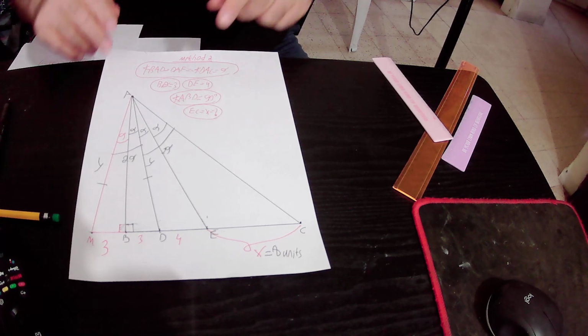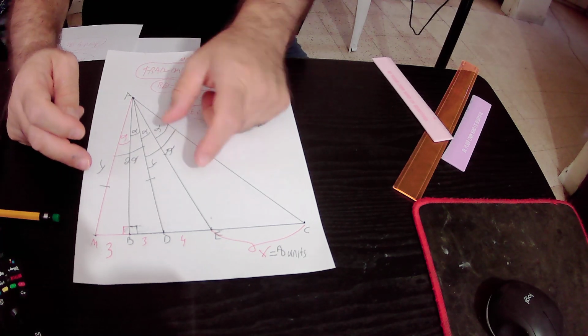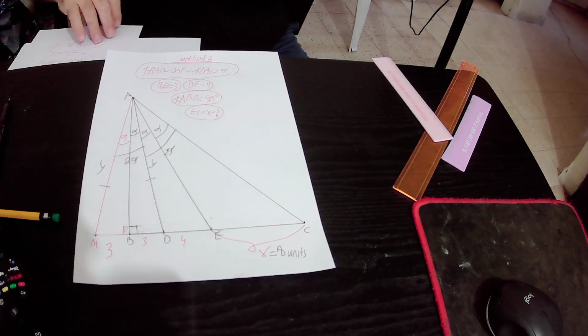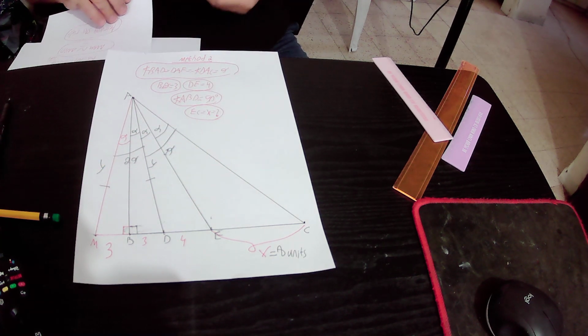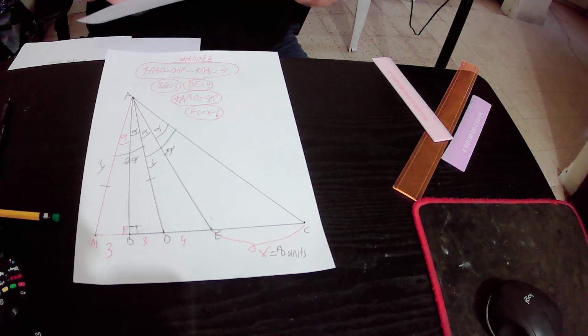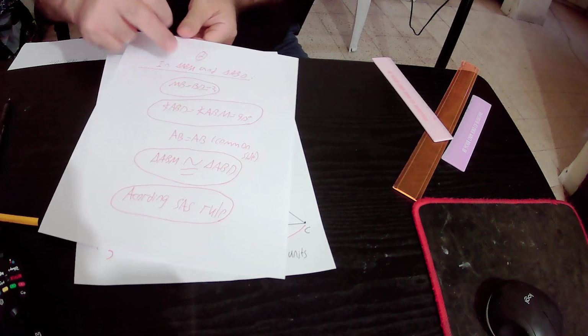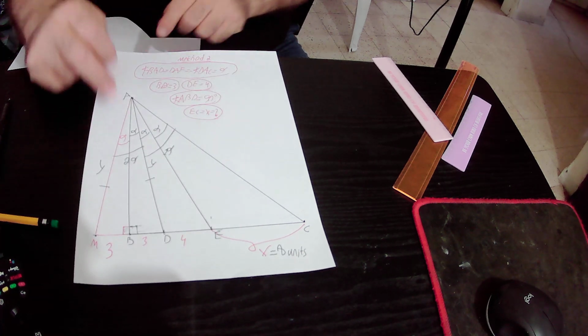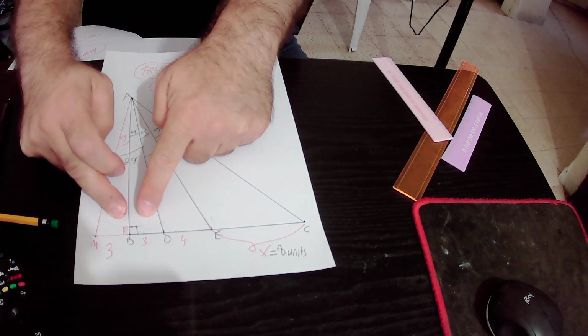Why can they go into each other? Because MB equals BD equals 3 units. MB equals 3 units according to our construction. And also we know that those two angles are equal to each other, as they both equal 90 degrees.